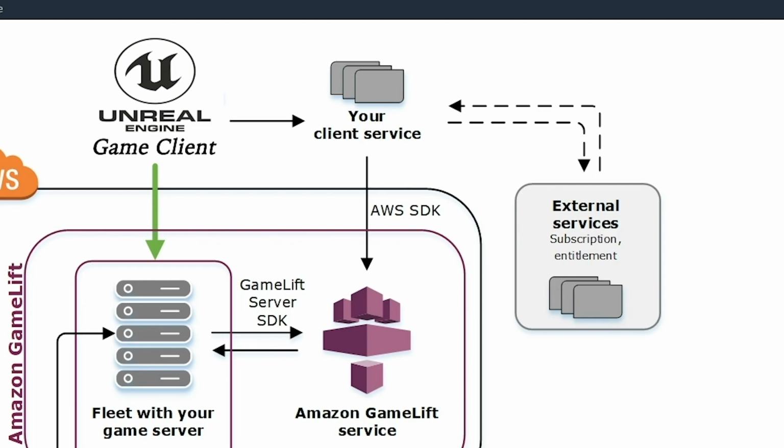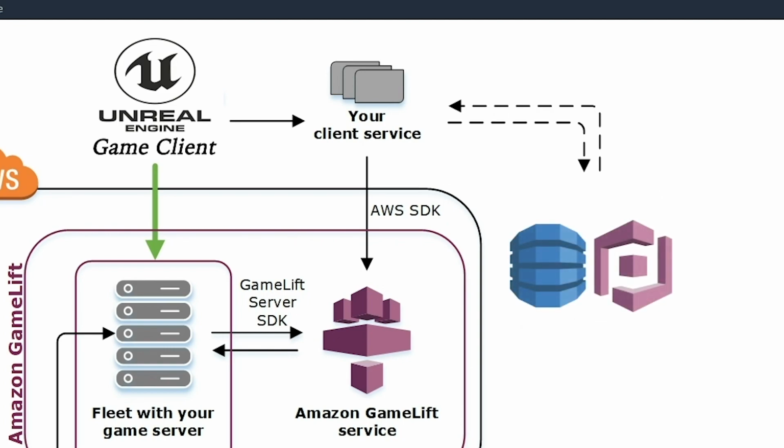In order for the client to join a game server hosted on Amazon, the client has to get connection information about that server. And in order for the client to get that information, the client needs to call specific Amazon services, whether that is just GameLift or other services like Cognito or DynamoDB, for example.